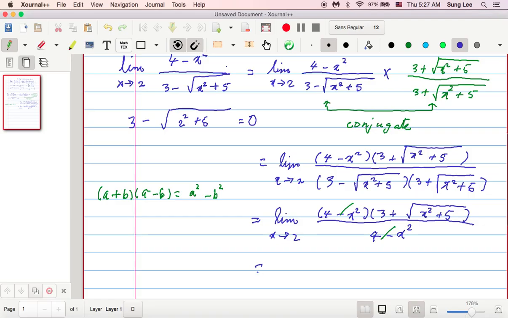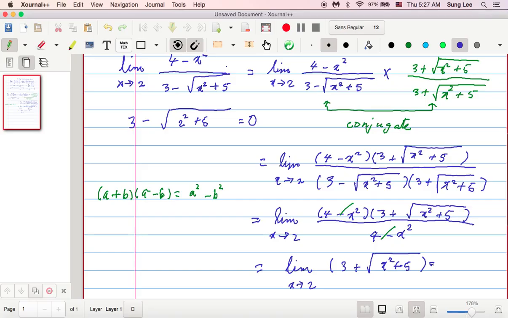This leaves us with the limit as x goes to 2 of 3 plus the square root of x squared plus 5.